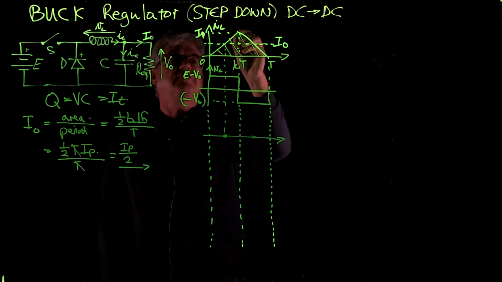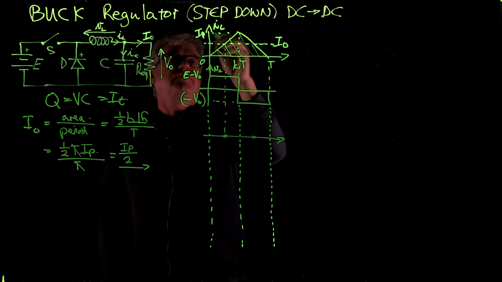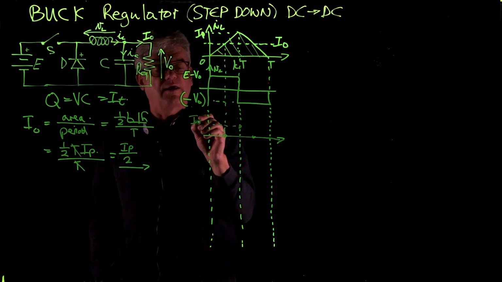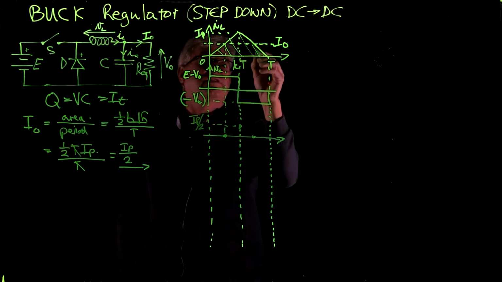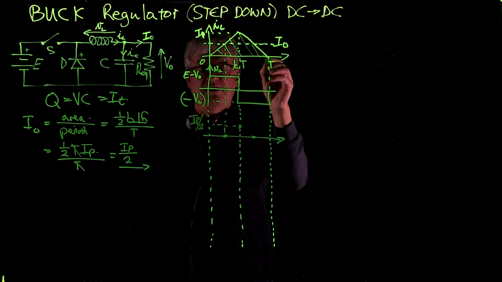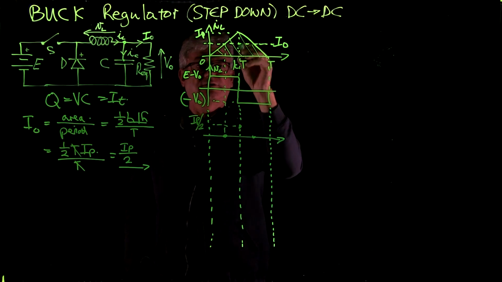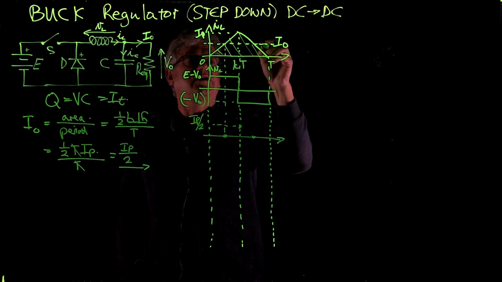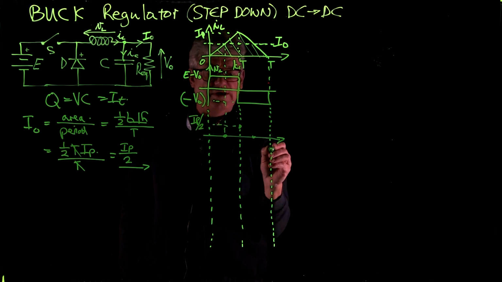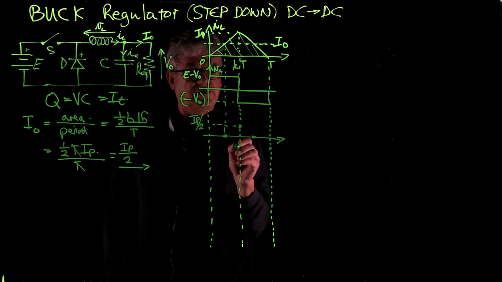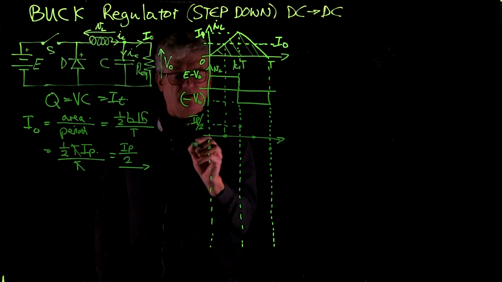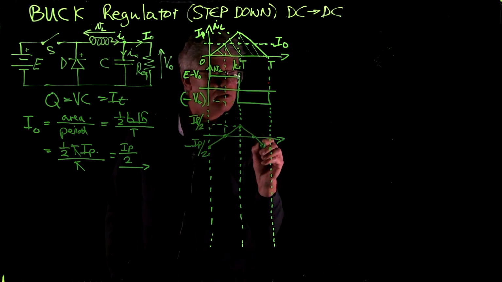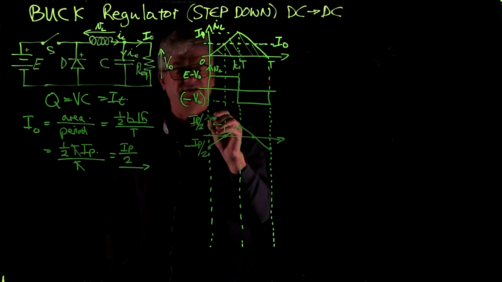At this point here, I out is a half of I peak, so then at that point there, I must have I peak over 2, and at this point here, I must have I peak over 2 minus 0, so I will have I peak over 2 minus I peak over 2. So now I can sketch the current IC.